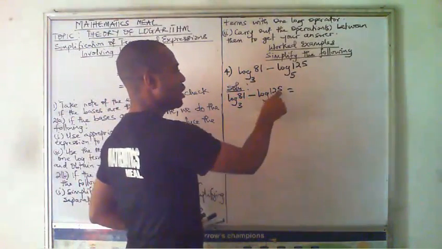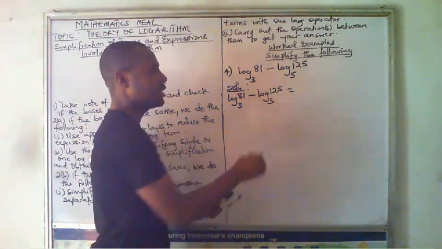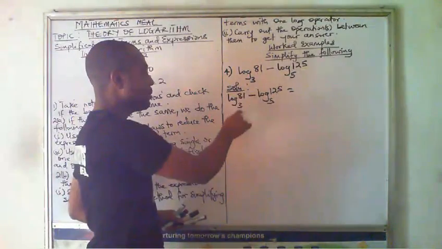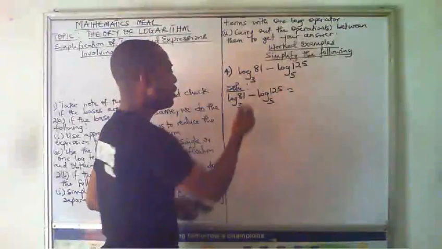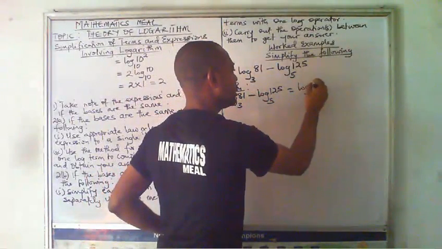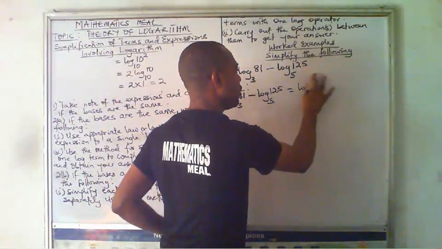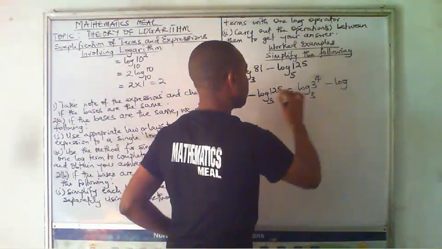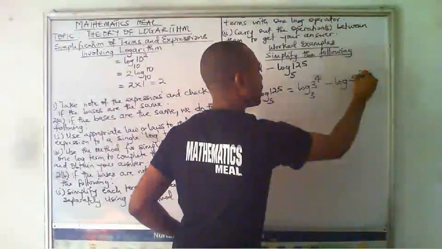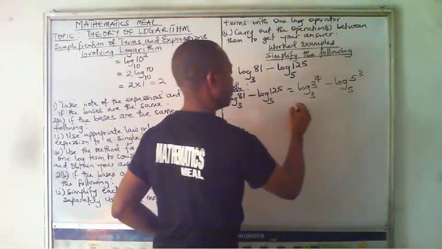The ancestor of 125 is 5, and 5 is an ancestor of itself. So let's write them in terms of their ancestors in index form. So log 81 base 3 is log 3 raised to the power 4 base 3, minus log 125 base 5 is log 5 raised to the power 3 base 5.